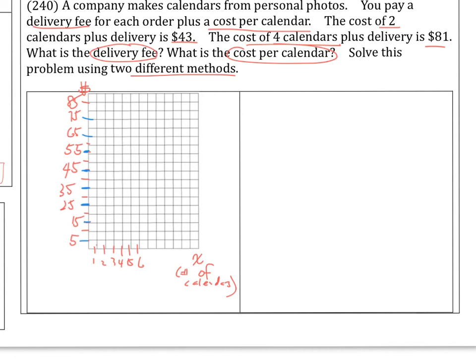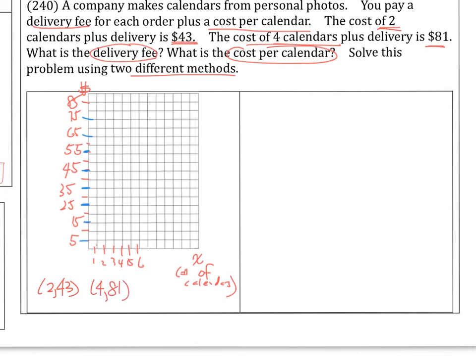So you have 2 calendars plus delivery, $43. So 2, 43. And the other one, 4 calendars, $81. 4, 81.